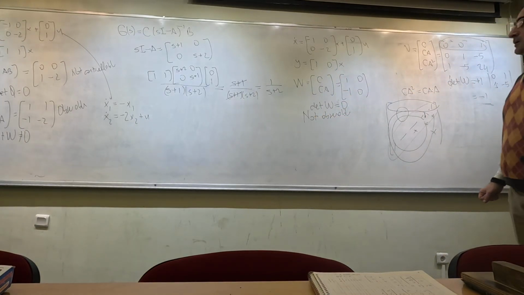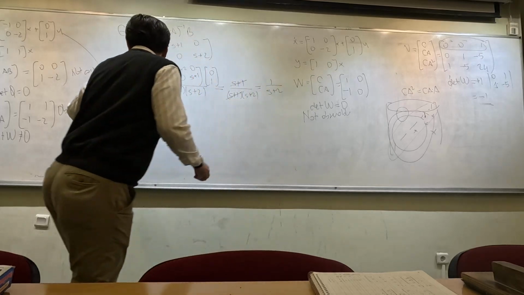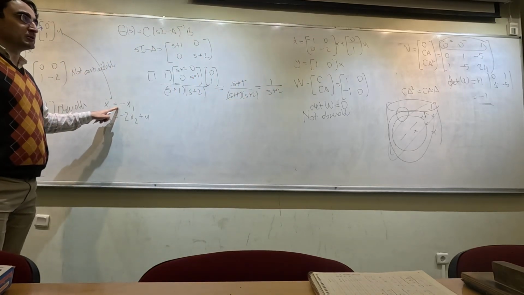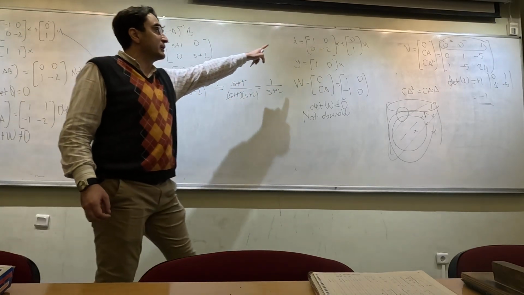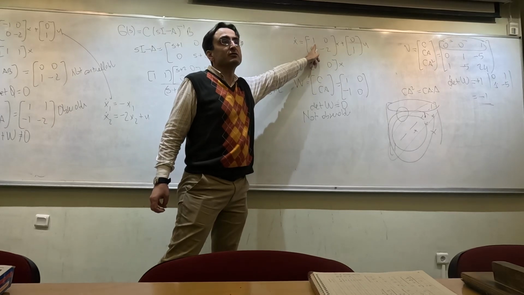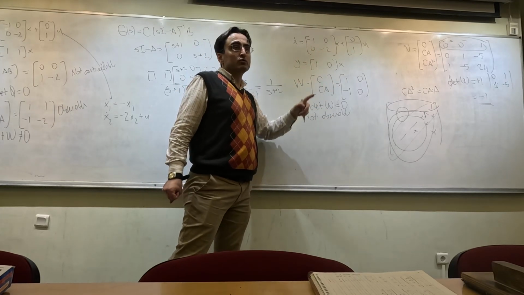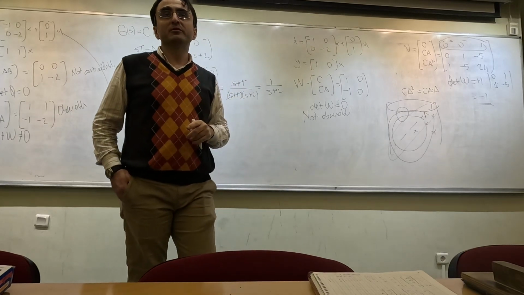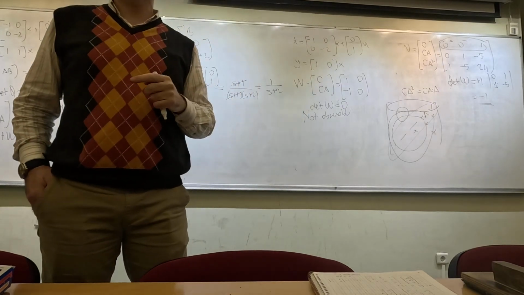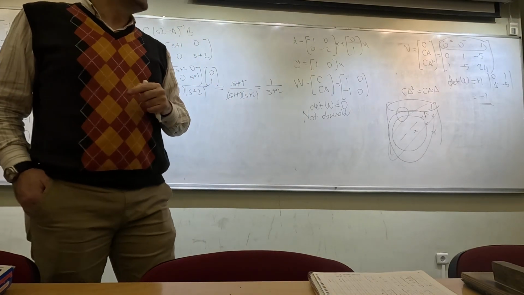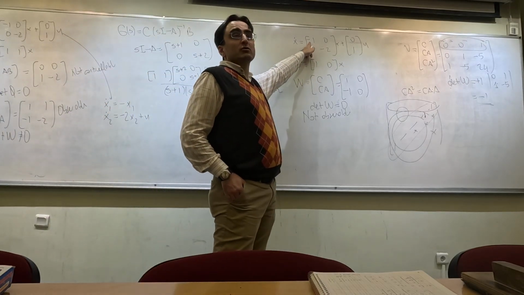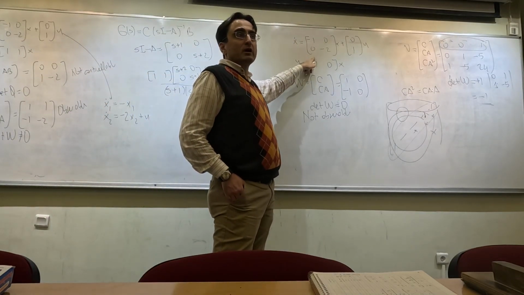So here again I see which part of the system is not controllable. The part of the system related to the eigenvalue minus 1 is not controllable. The second part is controllable. What about observability? Which part of the system is observed? Which part of the system is connected to the output? The first part. The part related to minus 1 is connected to the output.